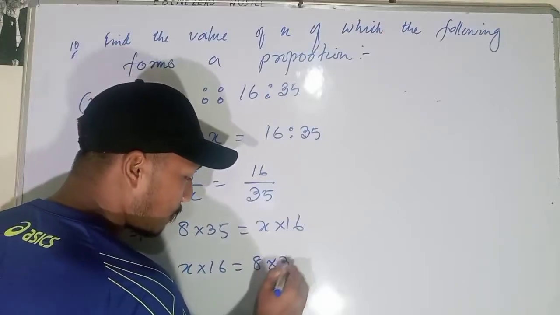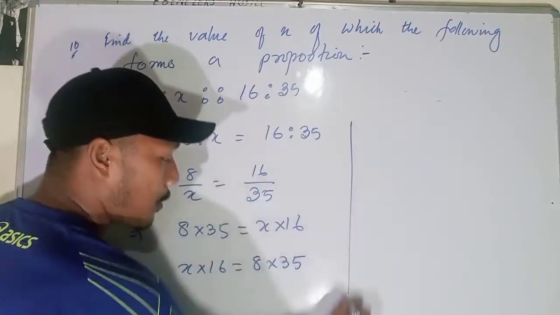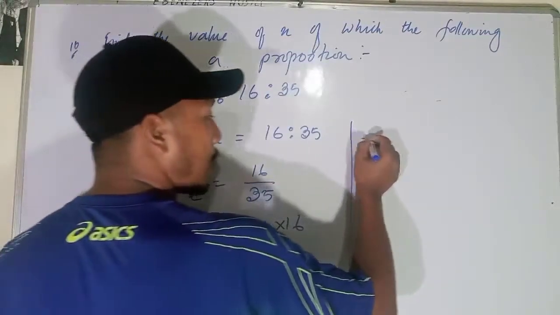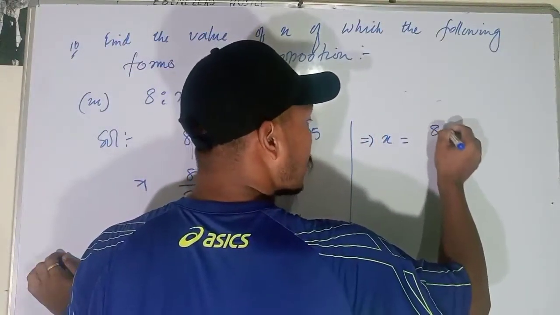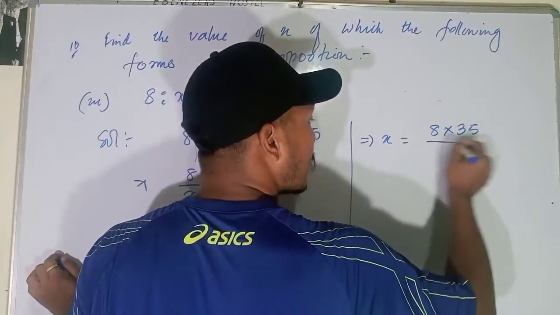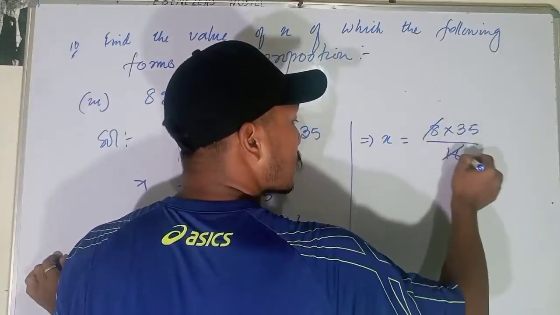Now I will rearrange: x into 16 is equal to 8 into 35. Again I'm rearranging this. I will leave x only and move this 16 this side, so it will become division, divided by 16. 8 to the 16.